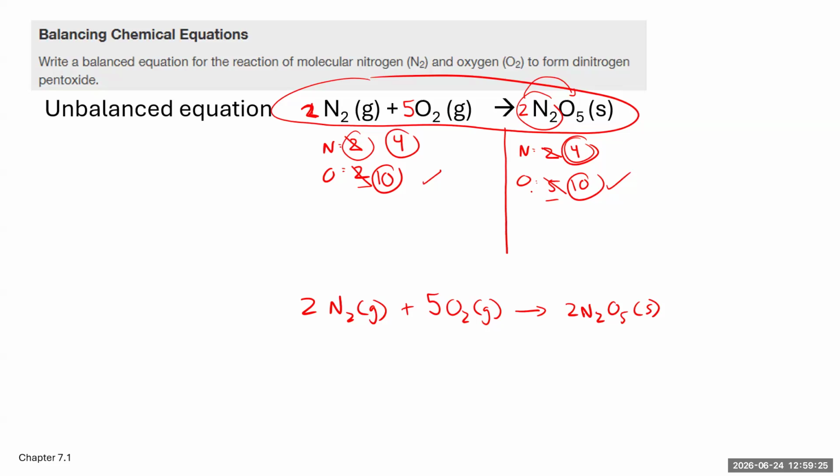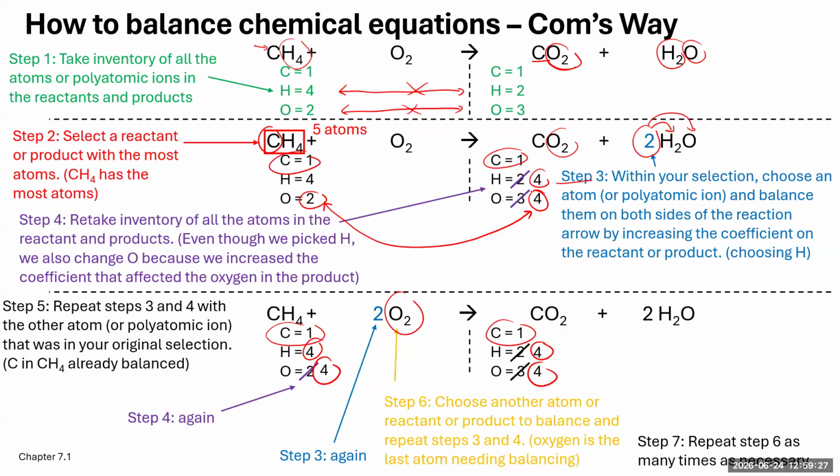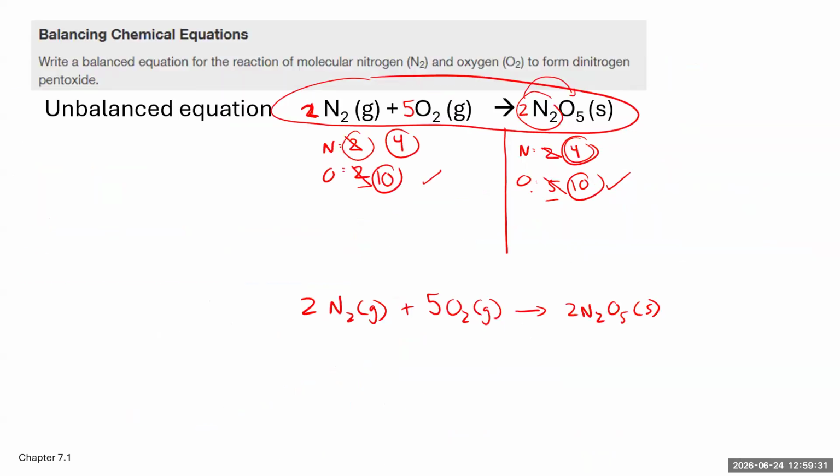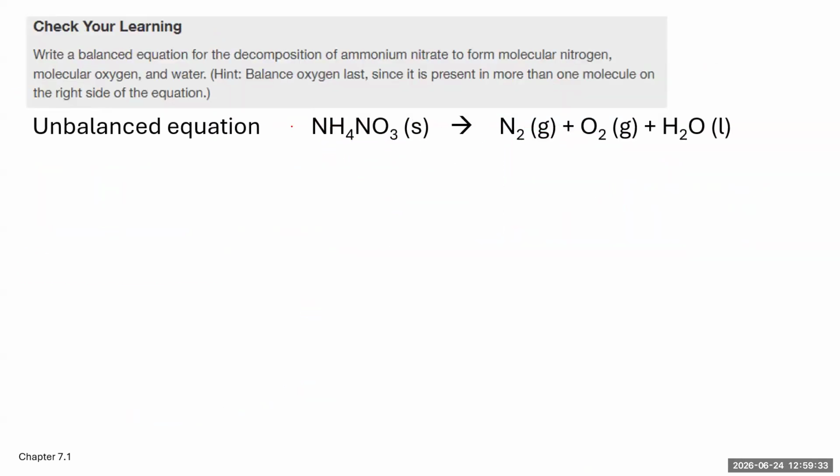All right. So we basically did all these steps just kind of fluidly, right? So you can use this as a guide to help you with these equations. All right. Unbalanced equation. We're going to do inventory. I see a polyatomic ion here.